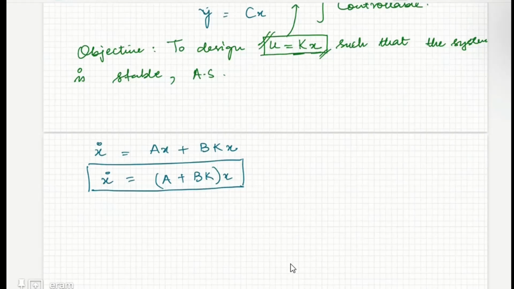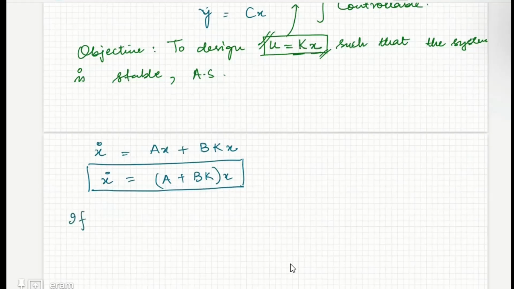Now we already know that based on the eigenvalues of the state matrix, we can conclude about the stability of the system. Suppose the state matrix has all the eigenvalues strictly on the negative half, then we can conclude that the system is going to be asymptotically stable.